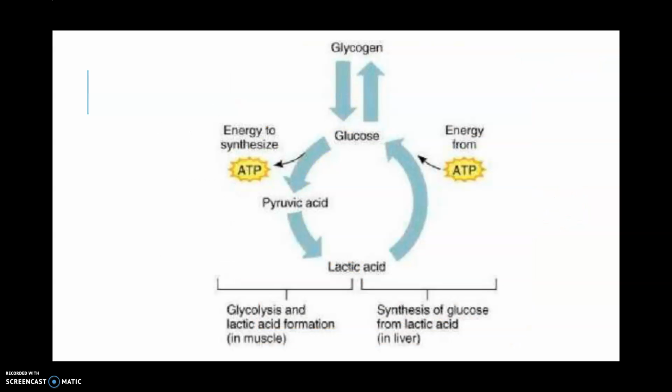So again, if we take a look, we're taking our glycogen. We know glycogen is that energy storage in our muscles. So we're converting that glycogen into glucose, which is that usable molecule. We're going to use that glucose. We're going to synthesize some ATP.